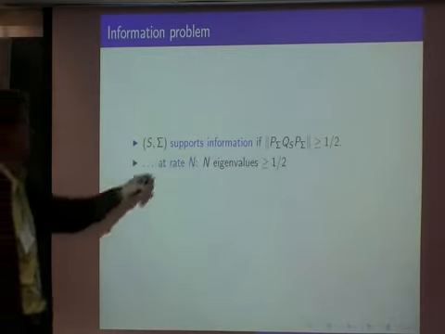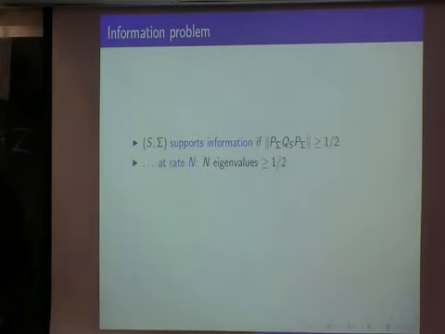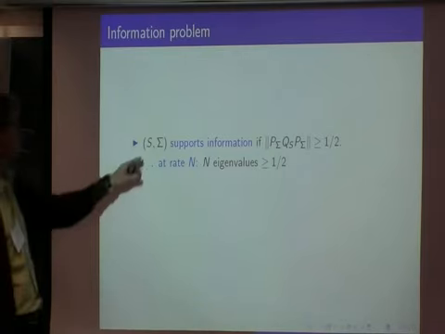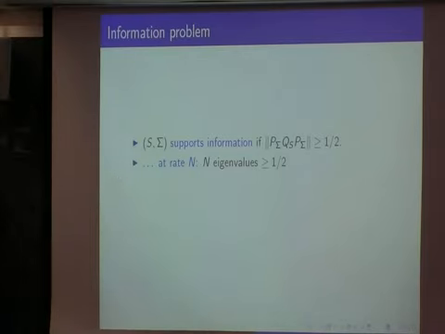And I'll say that it supports information at rate n if there are n eigenvalues bigger than or equal to a half. I'm particularly interested in the case where S is simply a time interval, but the spectrum can be a finite union of intervals.